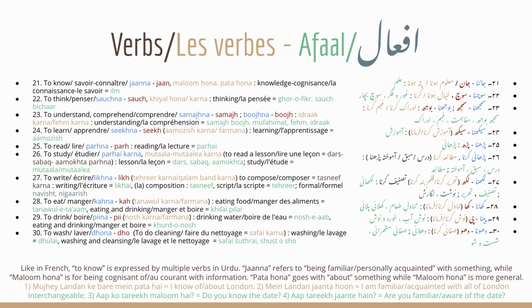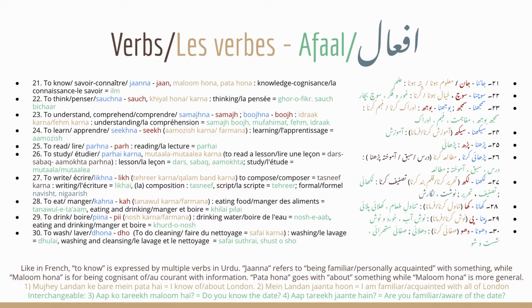Then to read a lesson, there are two words for lesson, dars and sabak, and amokhta means an older lesson or something that you have learned or been taught. So dars, sabak, amokhta, those are the three words for lesson. A formal study is a mutala or mutalia.